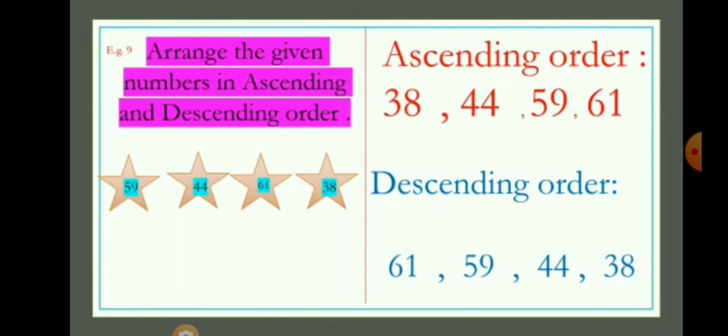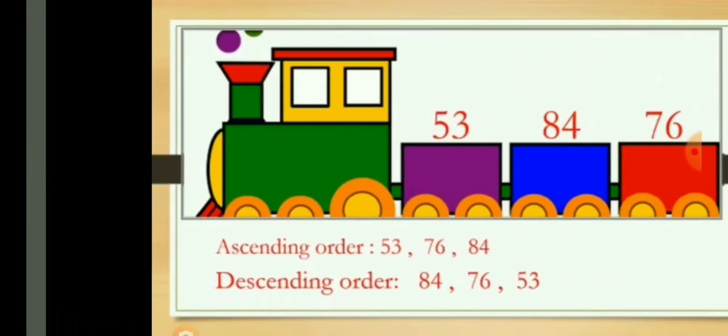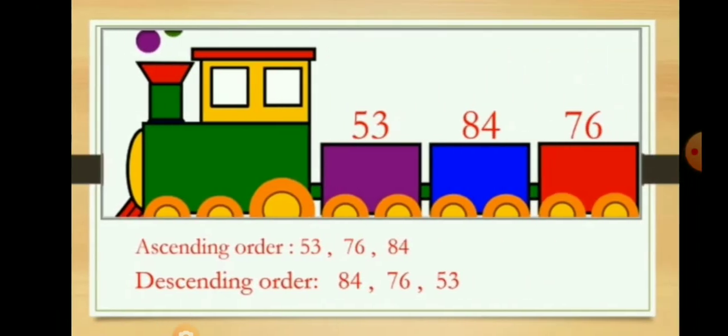Let's practice ascending and descending order. The given numbers are 53, 84, 76. Ascending order is small to big, that is 53, 76, 84. And the descending order is big to small, that is 84, 76, 53. One more example.